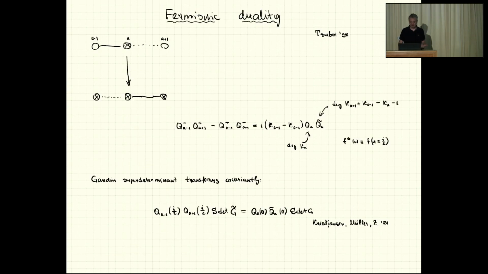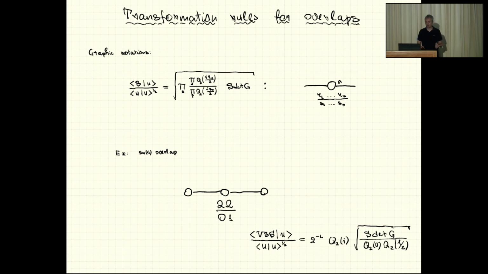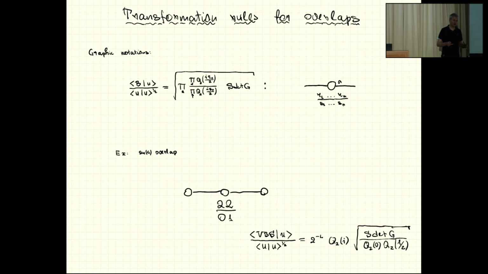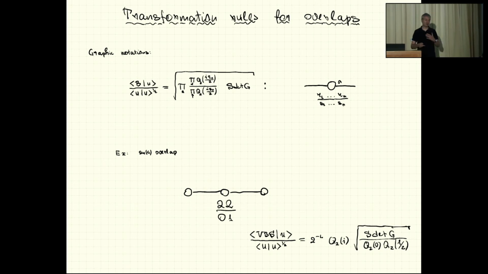So anyway, the superdeterminant is the most complicated part of the formula. This means that if we know how to write the overlap formula in one representation of the Dynkin diagram, we can go to other possible representations by simply doing this transformation that would produce some Jacobian.